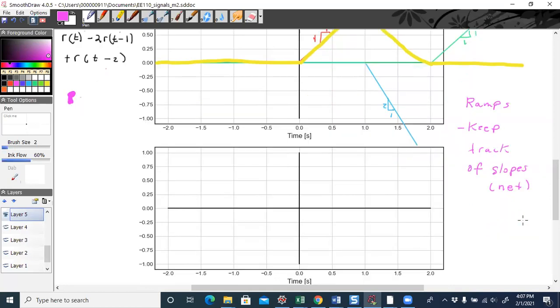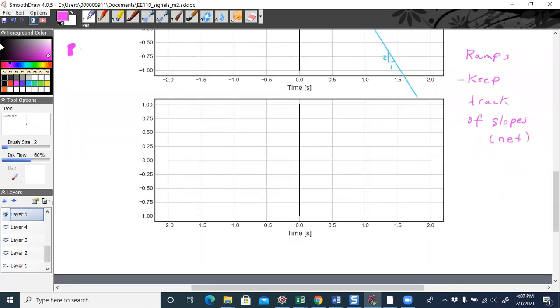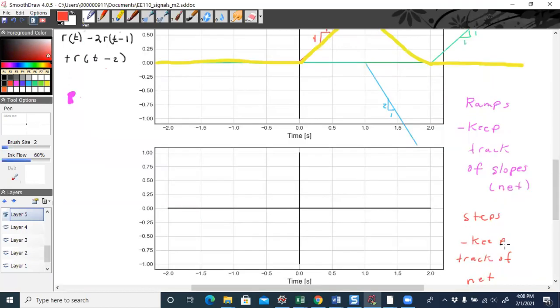With steps, keep track of the net heights.